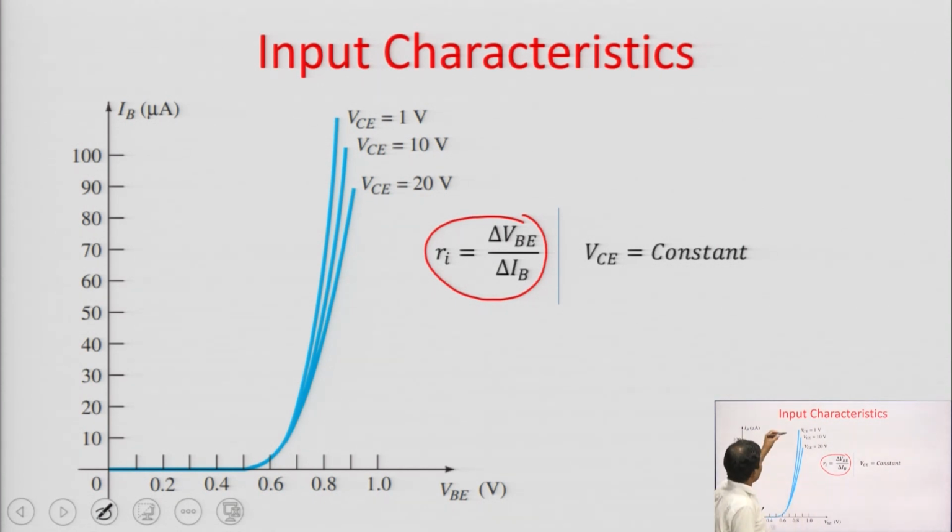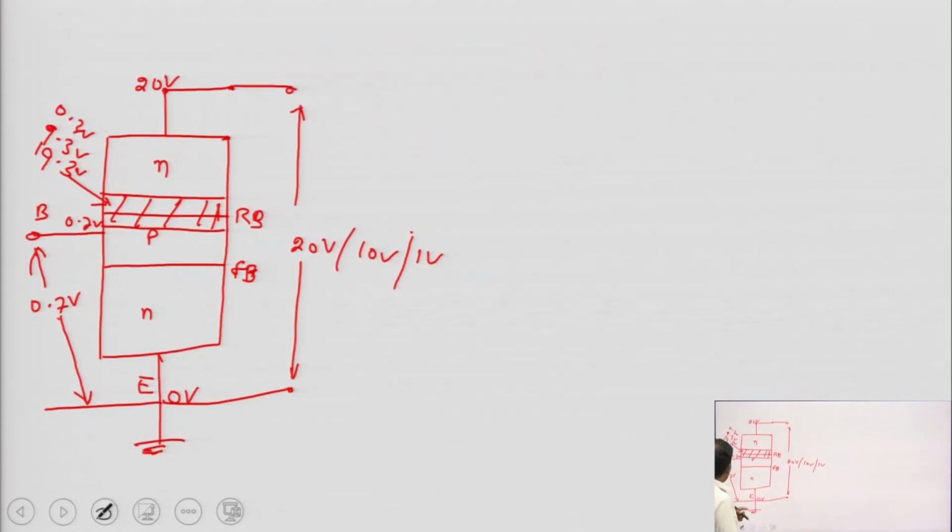And if we are taking VCE 0.2 volt, then the transistor becomes in saturation region. Why will it become in saturation region? I am going to discuss. Because for saturation region, this voltage is 0.8 volt and this means base layer is at 0.8 volt. And if the voltage between collector and emitter is equal to 0.2 volt, then what will happen here? The collector point is at 0.2 volt.